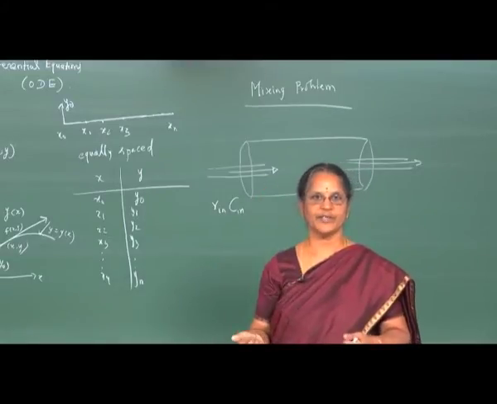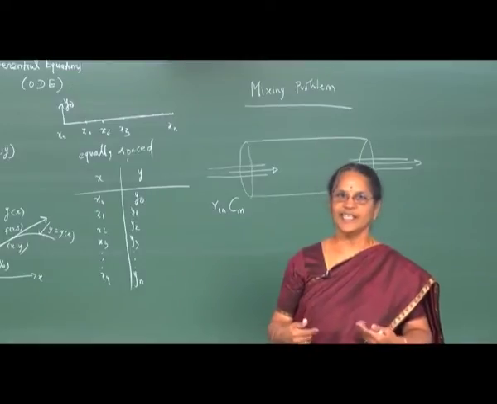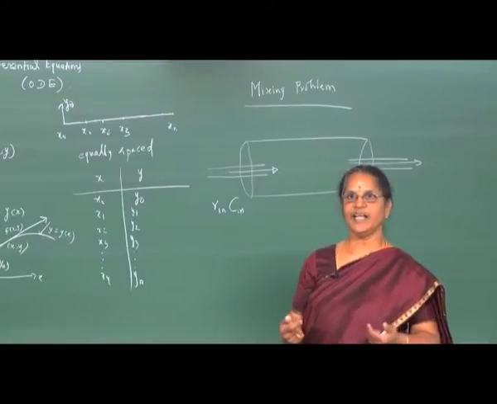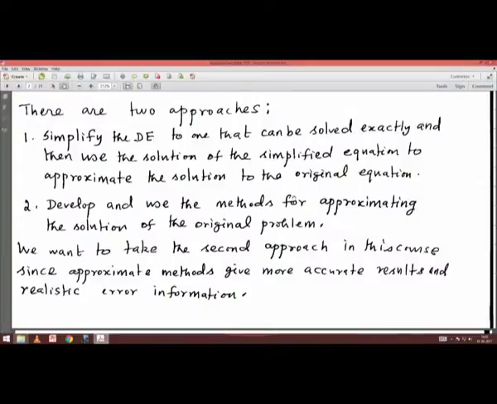The second approach is to try to develop and use methods for approximating the solution of the original problem itself. We would like to use the second approach, namely we want to develop numerical methods and use them in getting an approximate solution of the original initial value problem that is given to us.